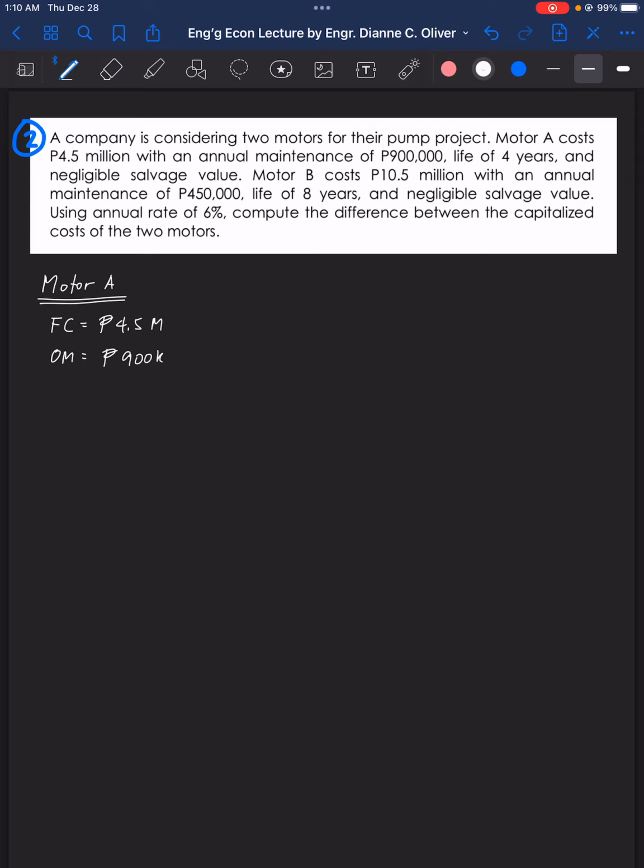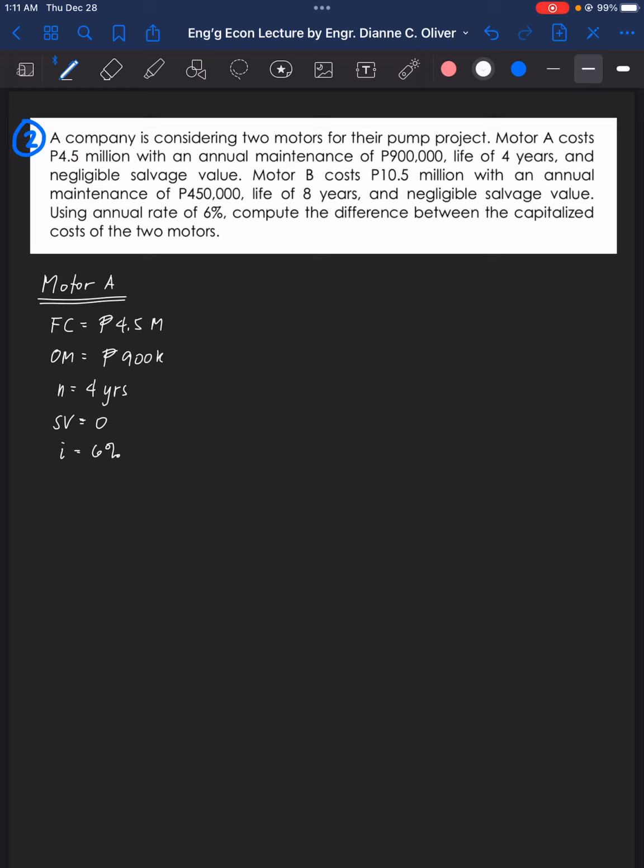The life of 4 years, so N is equal to 4 years. Salvage value here, it says negligible, 0. The I is 6%. Now the question here is, do we have the RC? Will we use the RC replacement cost formula for the formula of capitalized cost?